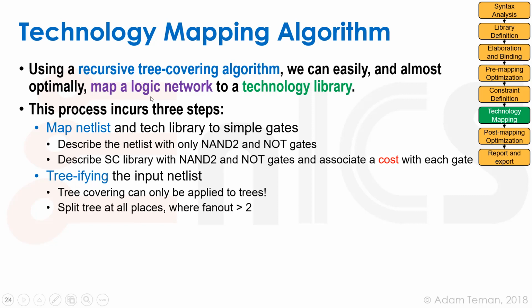Tree covering, which is what we're doing, a recursive tree covering algorithm, can only work on a tree. Okay. A tree is something that has a root and has leaves, and each leaf only has one root, or the top of the tree, it only has a single parent. So what we have to do is find all the places where we have a large fan out, because if we have a fan out, which we'll see in a moment, then we get more than one root for each leaf node.